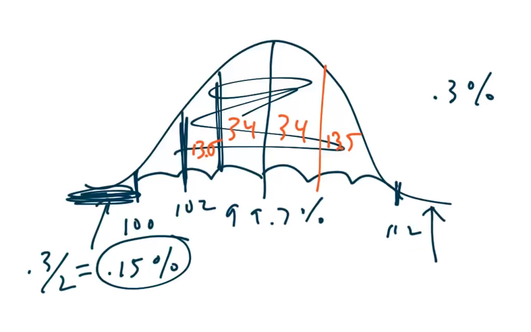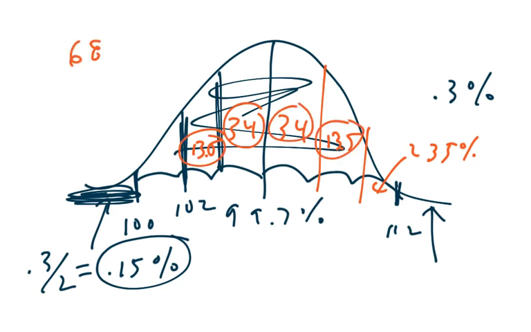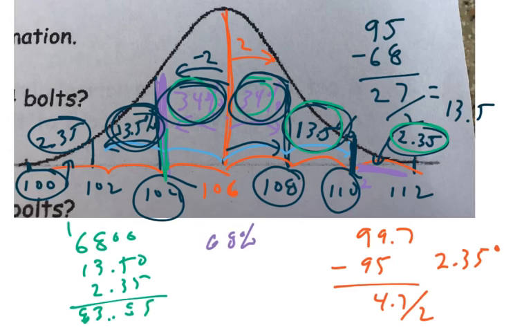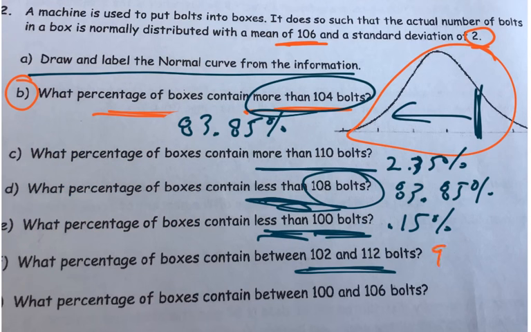So we also got to add this interval in here to 2.35%. So we're just going to add those up. Okay? So 34 and 34 is 68. 13.5 and 13.5, 27, we know that's 95. All we have to do is add that meager 2.35%. So our answer is 97.35%.